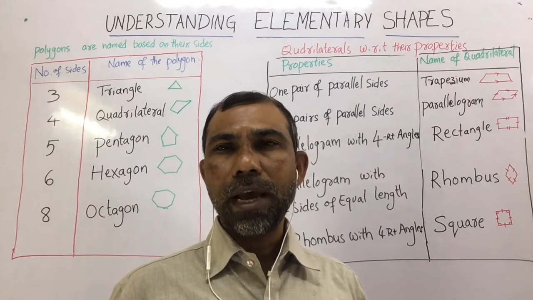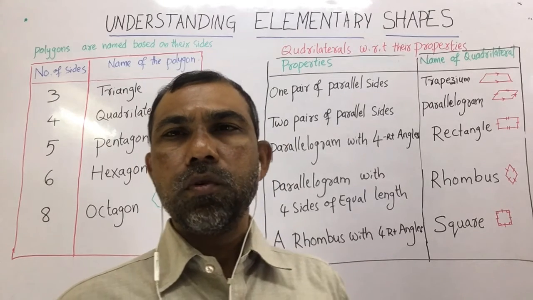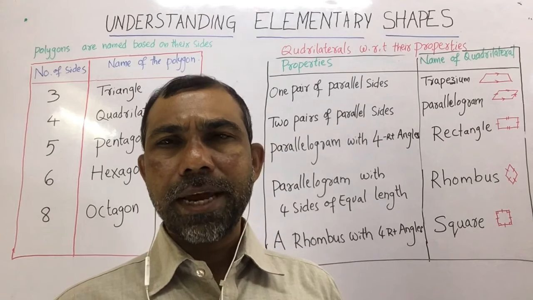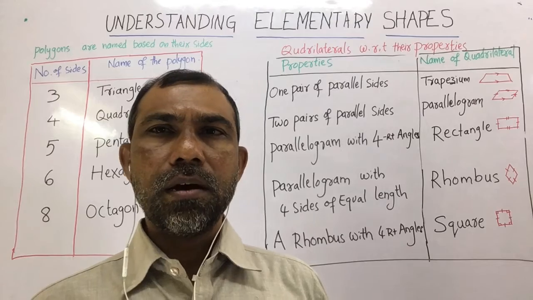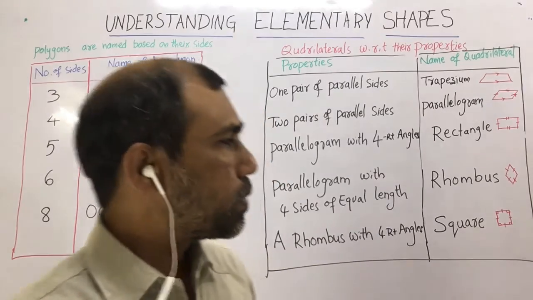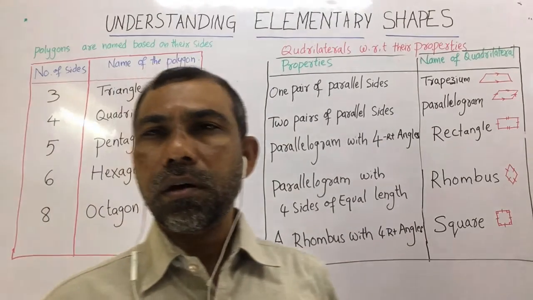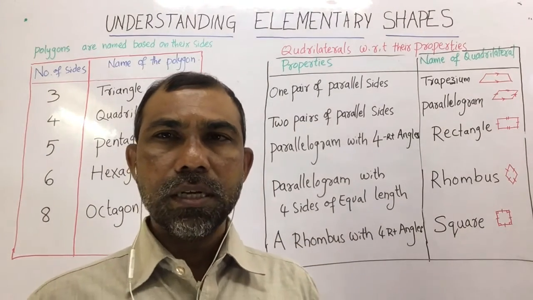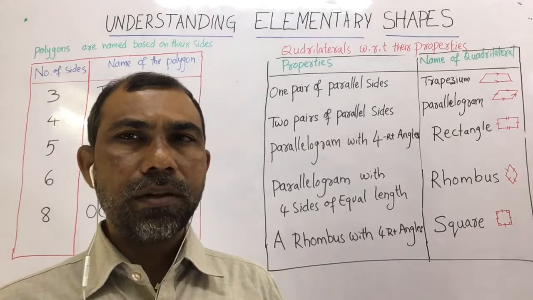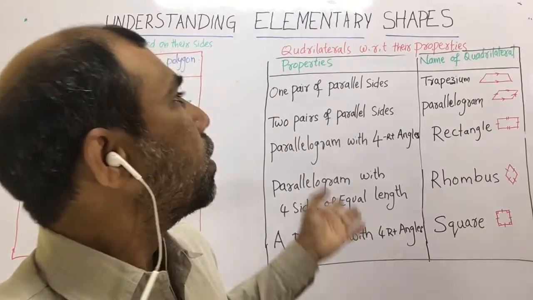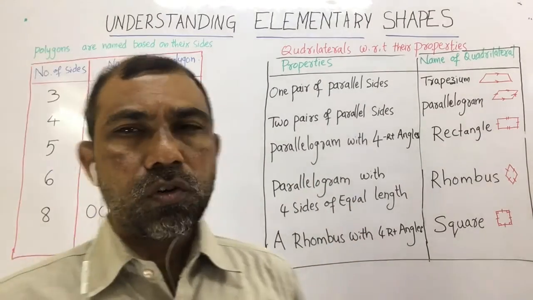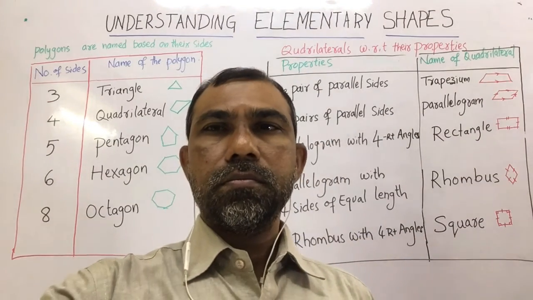A rhombus will have two pairs of parallel sides and all the sides are equal. Here, if in a rhombus all angles are right angles, that is 90 degrees, then that particular figure is known as a square.